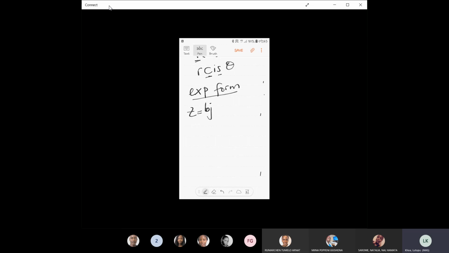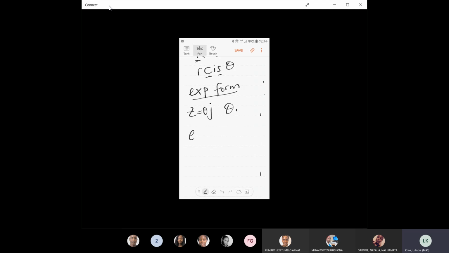What you can do is rewrite e to the power of bj. You shouldn't use b here, I'm going to use theta, because theta is a number. Okay, so theta is measured here in radians.